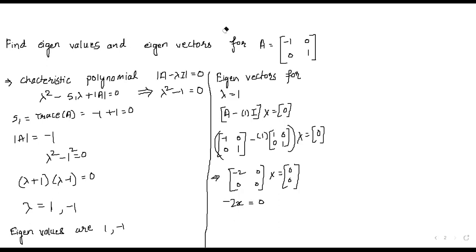Let's talk in detail. The augmented matrix is [-2, 0, 0; 0, 0, 0]. What is the rank of A? Rank of A is 1, which is equal to the rank of the augmented matrix.